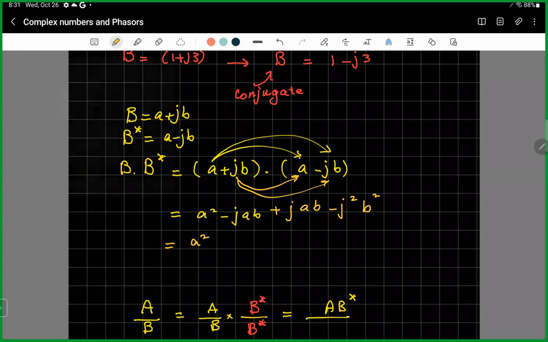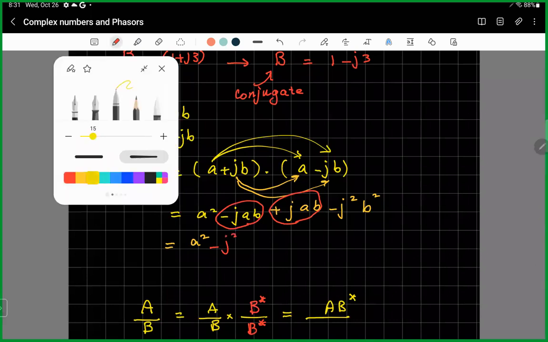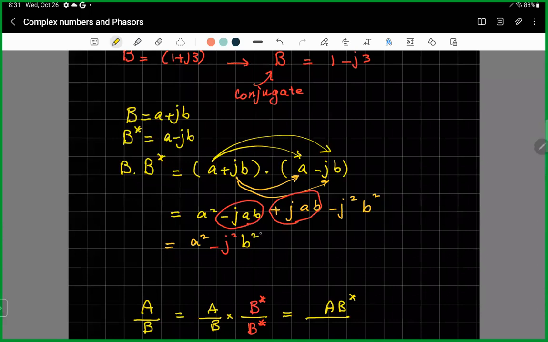Oh, I just saw something interesting. Now, minus jAB and plus jAB will cancel, right? So what's left? A squared minus j squared B squared. What is j squared? We know that j squared is equal to -1. We know that in the beginning also.